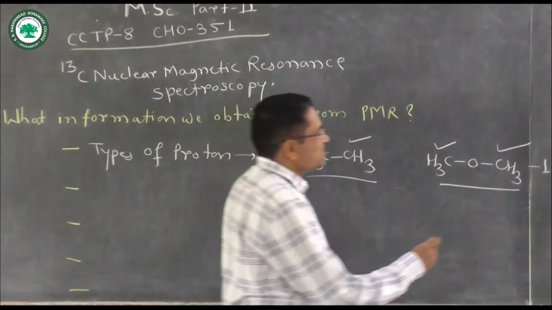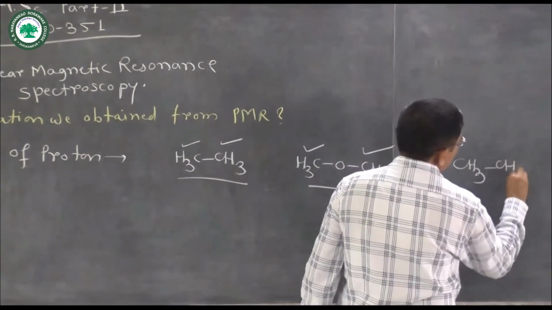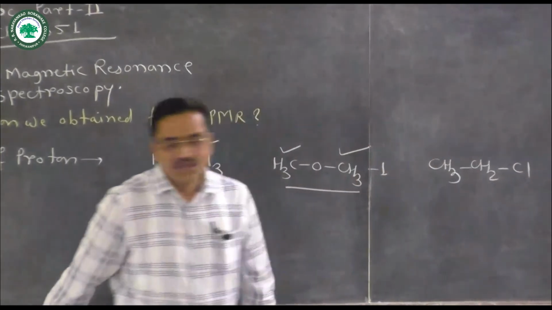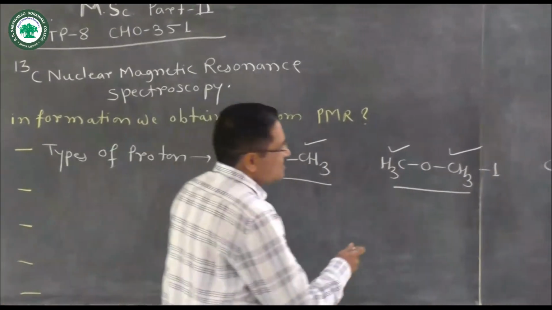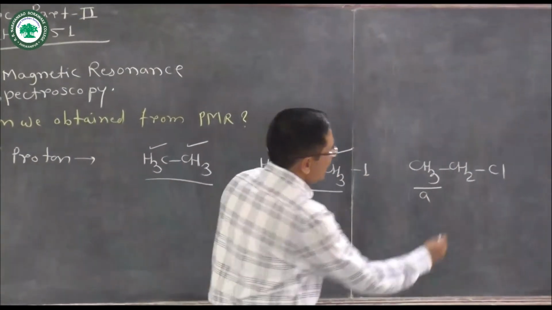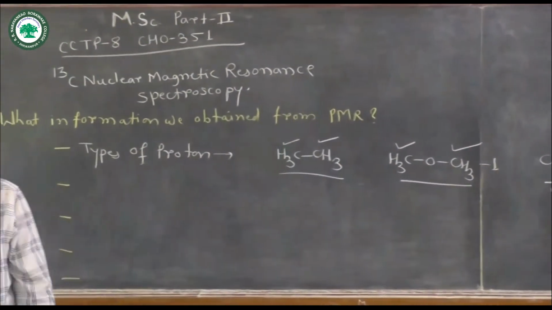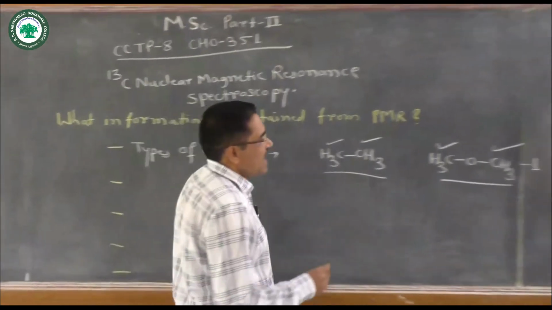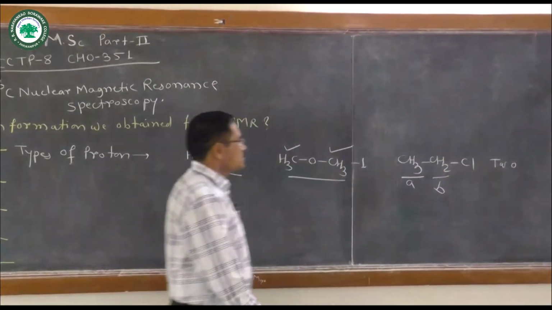But when we consider a different example, ethyl chloride, where we replace one hydrogen by chlorine, this CH3 has a different chemical environment and this CH2 has a different chemical environment, and hence this compound has two types of proton.